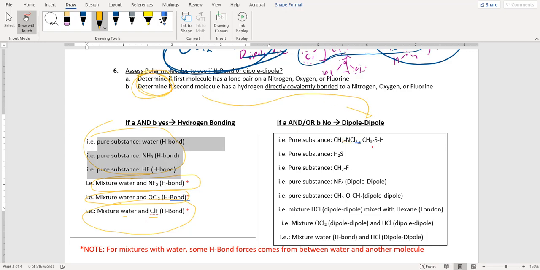And here are examples of molecules that don't complete the assessment for proper hydrogen bonding. So I put two molecules here for each as a pure substance, dipole-dipole, pure substance, dipole-dipole. I like this one right here. A lot of people, when they do that one right there as a pure substance, they think that this is going to be hydrogen bonding, and it can't be.